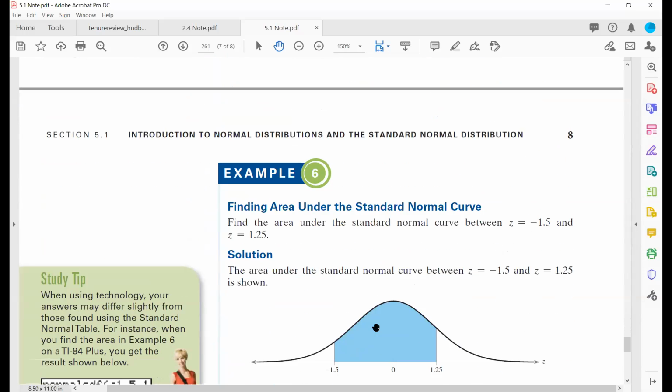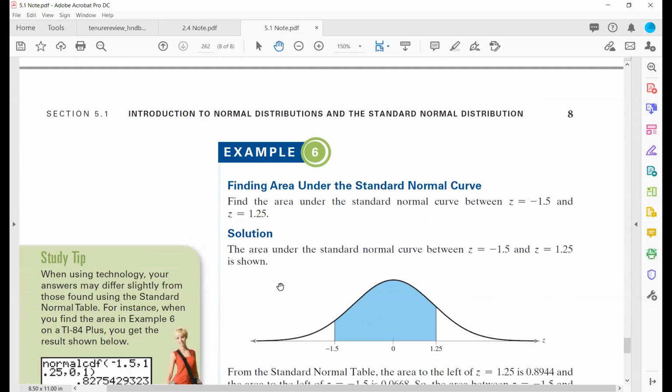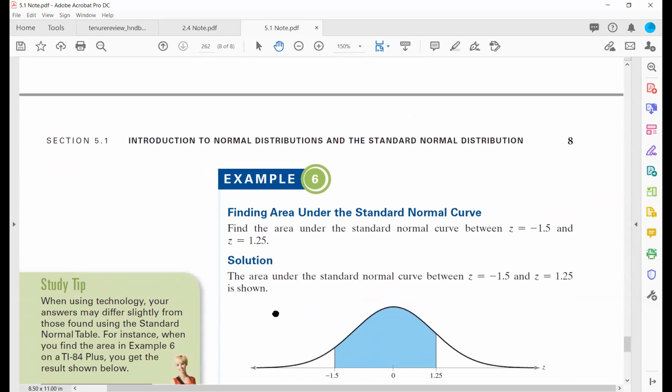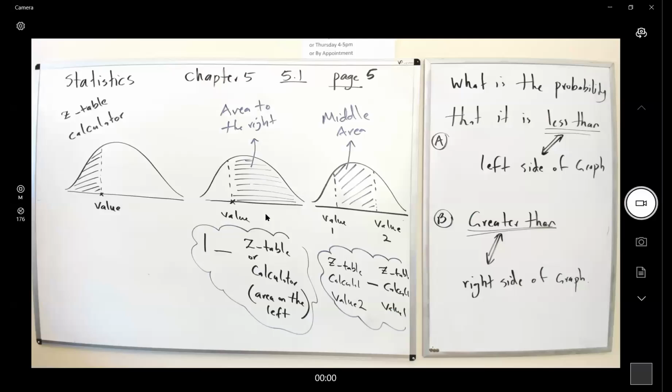Well, another question for you. Find the area under the standard normal curve between these two z-scores. 1.25 is your upper limit and negative 1.5 is your lower limit. Let's take a look at our calculator.